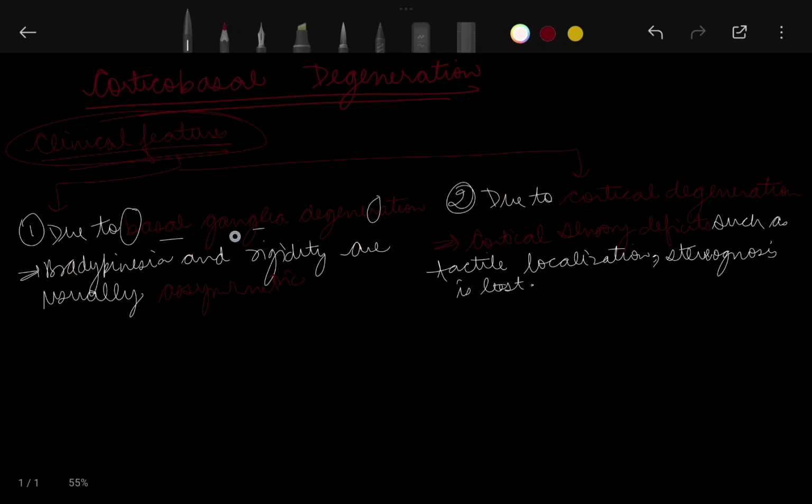Okay, first basal ganglia degeneration, then we saw cortical degeneration, and now apraxia. In apraxia, we have ideomotor apraxia. Due to cortical degeneration, there are cortical sensory deficits such as tactile localization and stereognosis being lost, and in apraxia, there can be ideomotor apraxia.